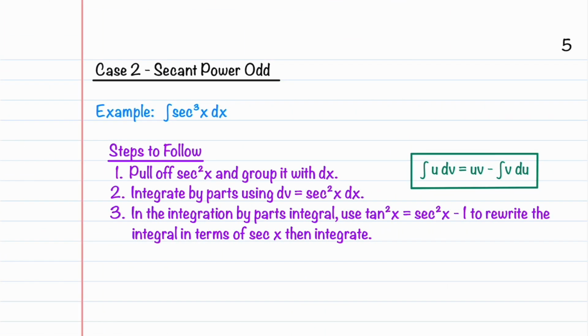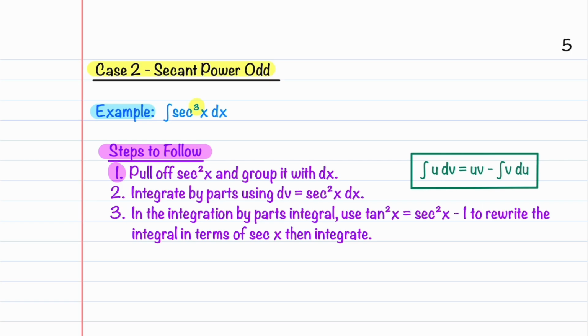The second case we're going to look at is when we're integrating an odd power of secant. The example that we're going to look at is secant³ x dx. I've written down steps that we can follow, and we'll walk through these one by one. Our first step is to pull off secant² x and group it with dx.